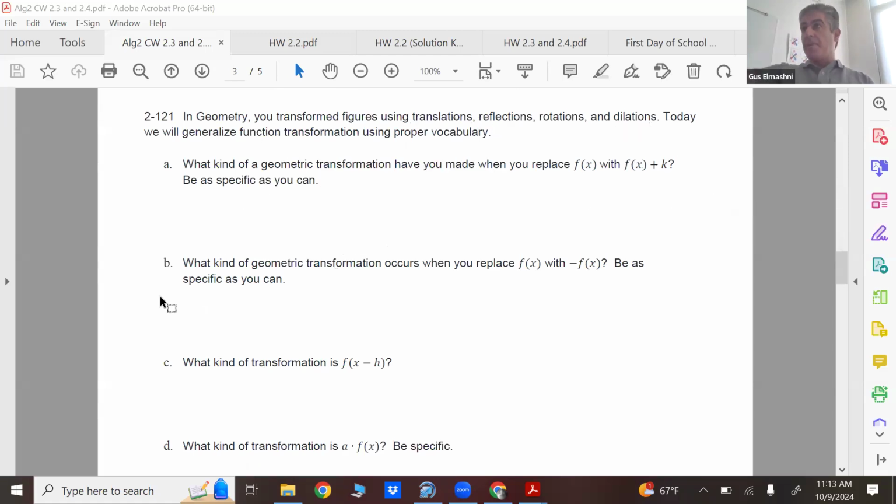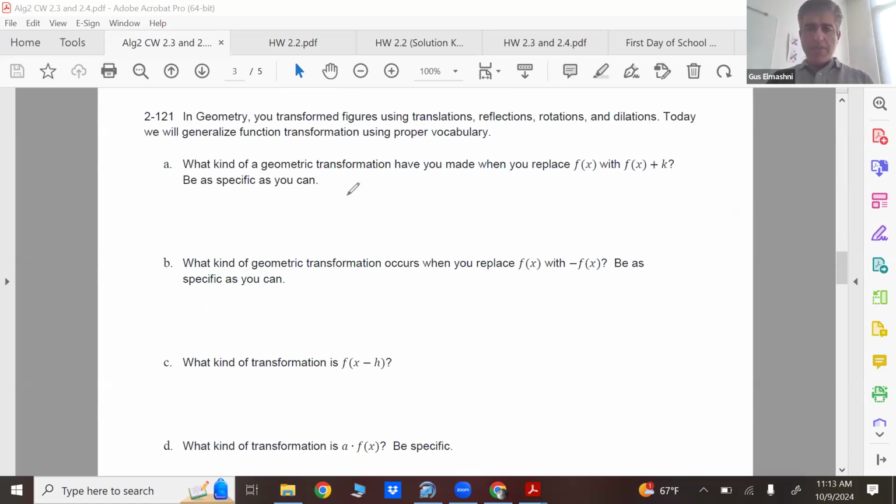Okay, in geometry, you guys remember the quilt project, right? You did transformations. You transformed figures using translations, reflections, rotations, dilations. So we're going to generalize using proper vocabulary. What kind of geometric transformation have you made if you replace f(x) with f(x) plus k?